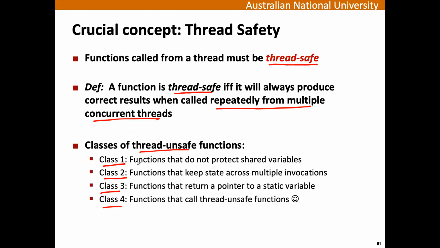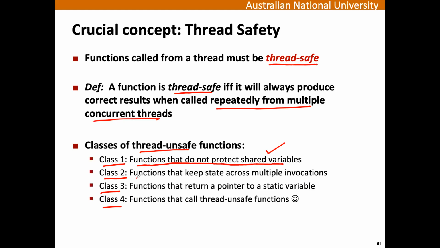Class 1 are functions that we have seen, that do not protect shared variables. They don't use mutexes to protect shared variables. Clearly, these are not safe to use in multi-threaded applications. And we have seen examples of thread routines, like bad count, that are not thread safe.